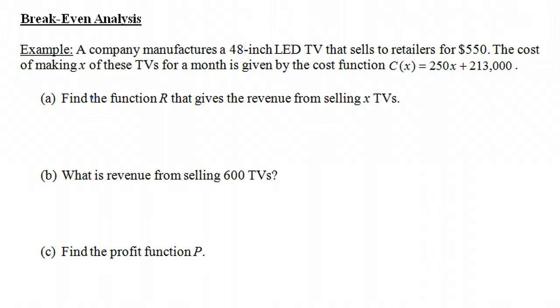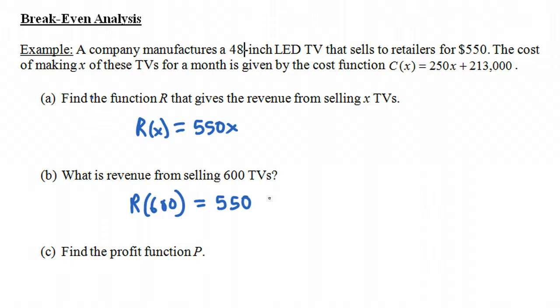Okay, now notice if they sell 10 TVs, they'll make $5,500 in revenue. And in fact, the revenue function R of X is just going to equal 550X. Now, to find the revenue from selling 600 TVs, we would need to plug 600 into this revenue function. So R of 600, what is that?